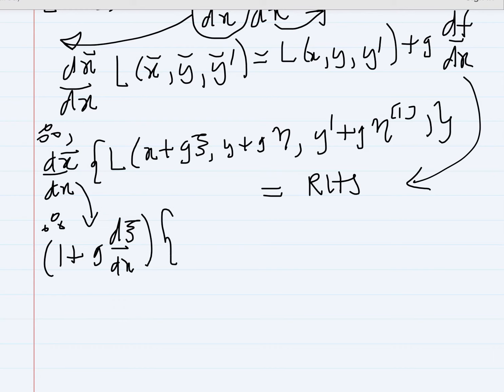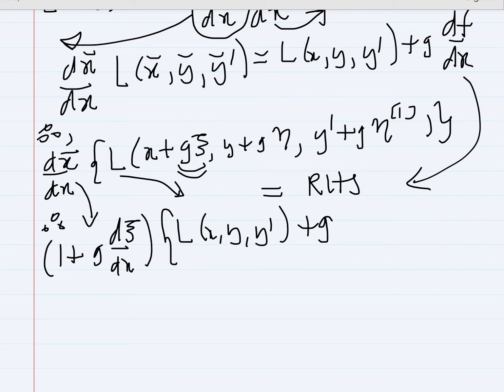If I expand that in terms of Taylor series, this is L of x, y, y dashed plus, up to first order expansion, the parameter g xi times the derivative of L with respect to x.